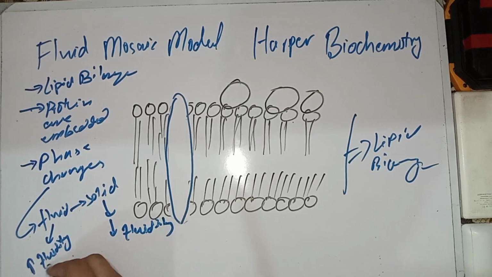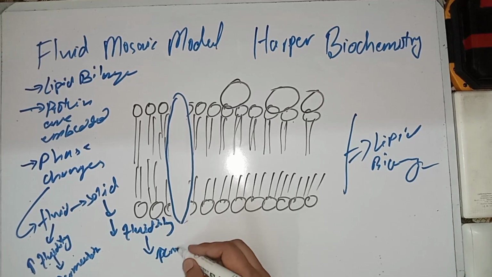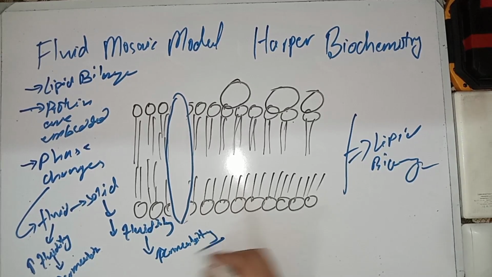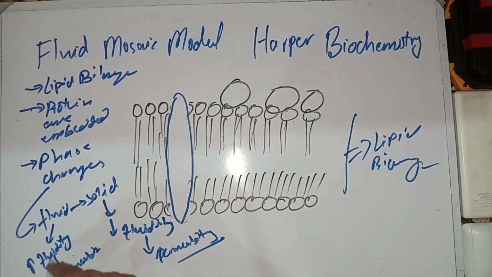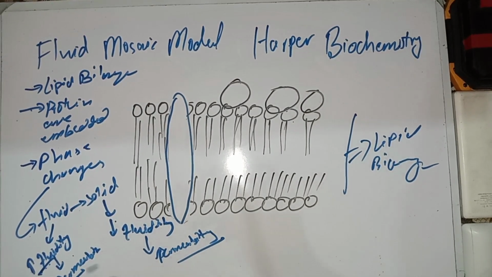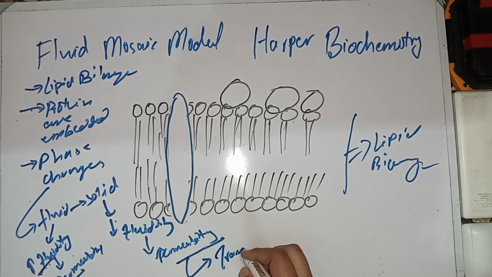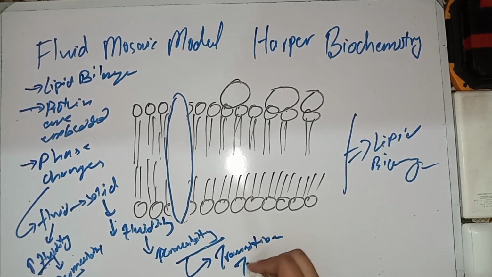Increased fluidity also increases permeability, while decreased fluidity decreases permeability. The temperature at which its state changes is termed the transition temperature, at which its fluidity decreases.